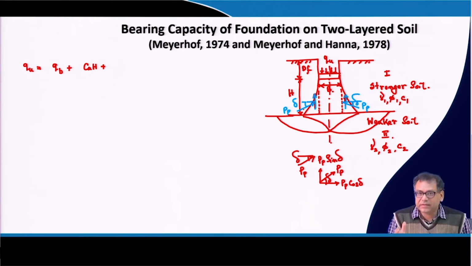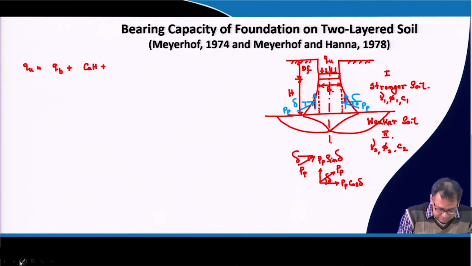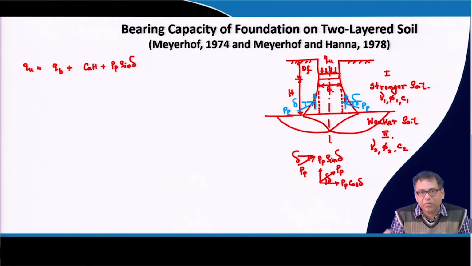So, that Pp sin delta, this cohesion part and the bearing capacity that this base foundation is given will be equal to the total load that is coming on the foundation, or the total load carrying capacity of the foundation, that is qu. Okay. So, this is Ca and then this Pp sin delta term, and this will act on both the sides, so right side as well as the left side.